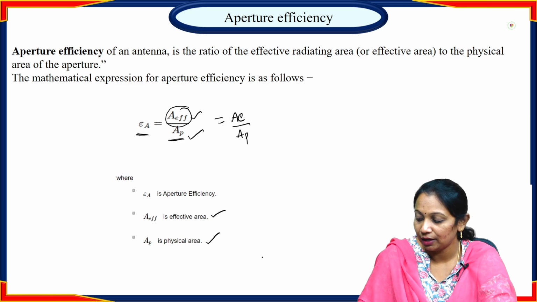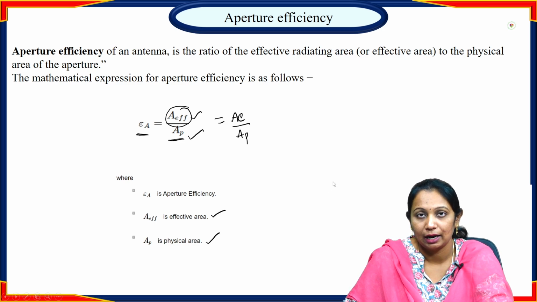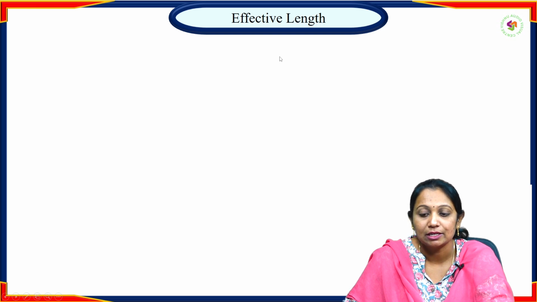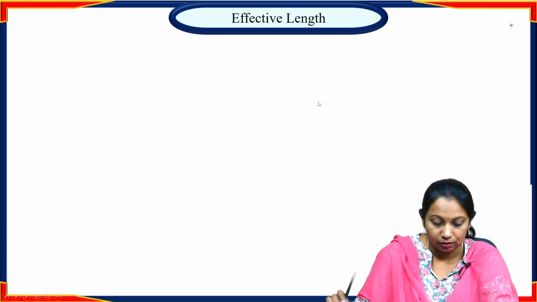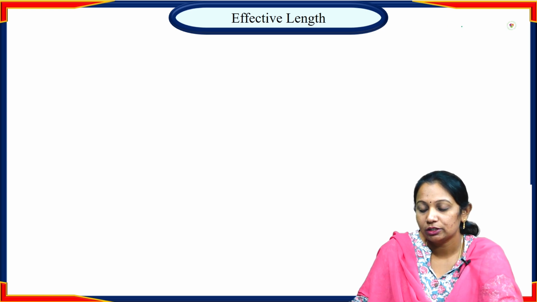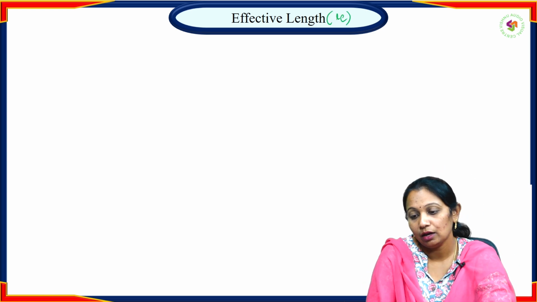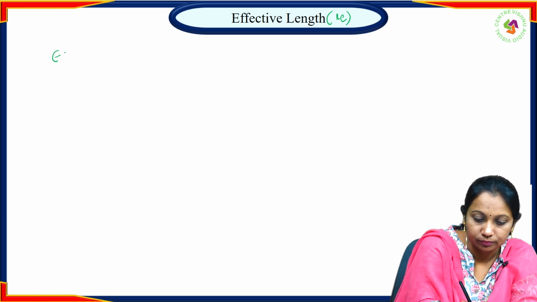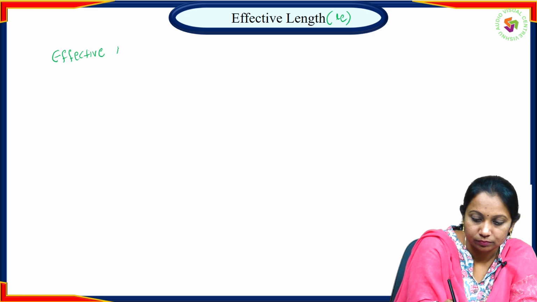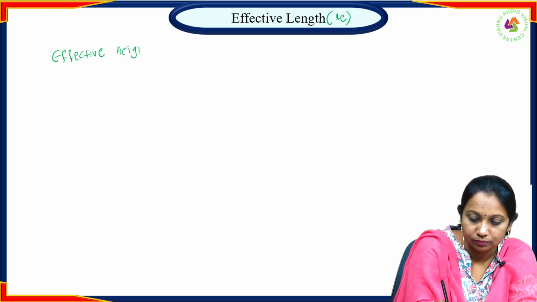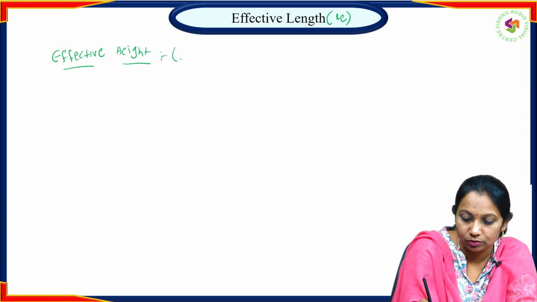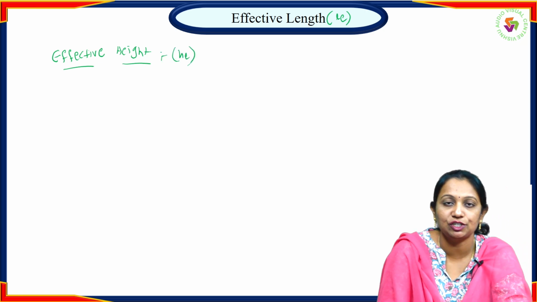So this is the way we calculate the aperture parameter of any antenna. This is all about the effective area or aperture of the antenna. Now the next parameter we are going to calculate is the effective length, and the notation for this effective length is LE, or it can be called the effective height also, taken as HE.